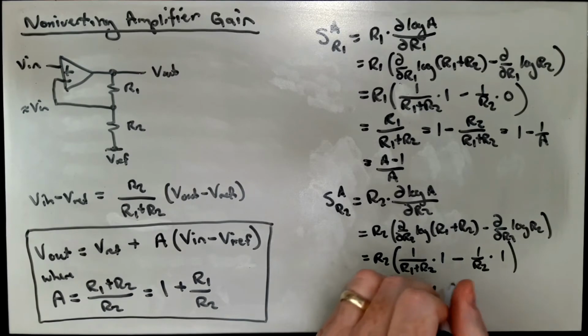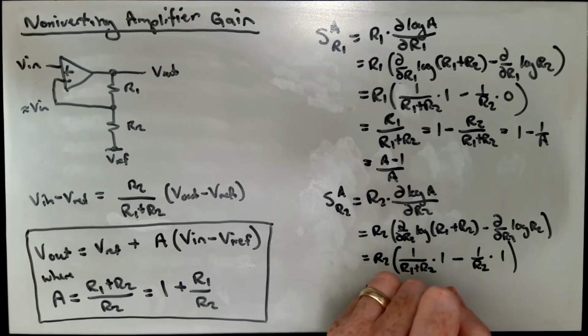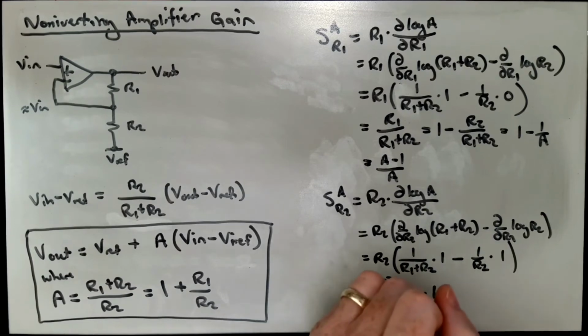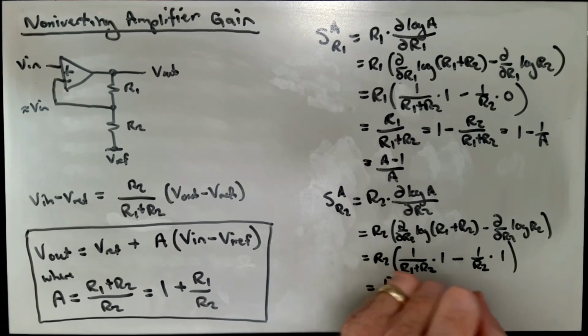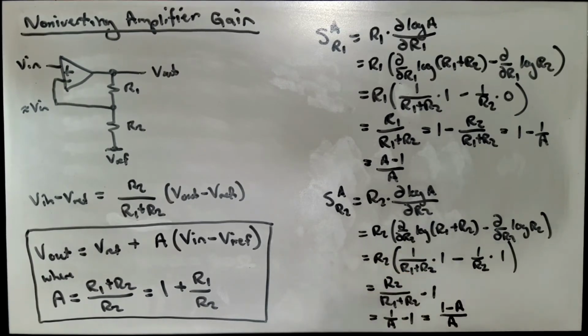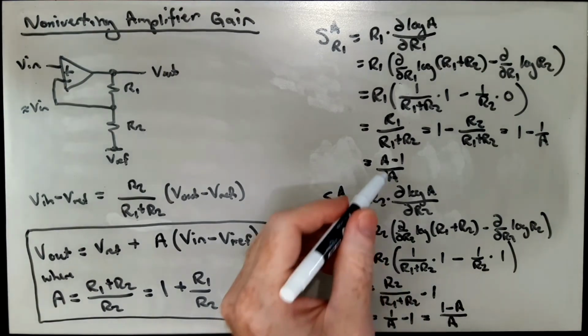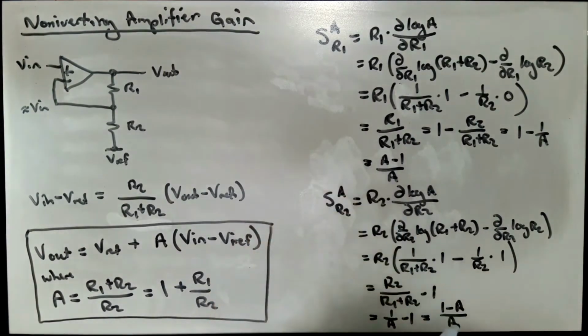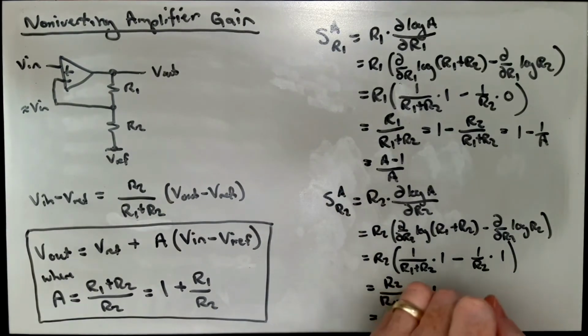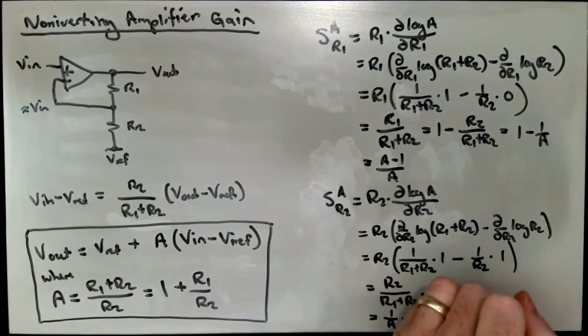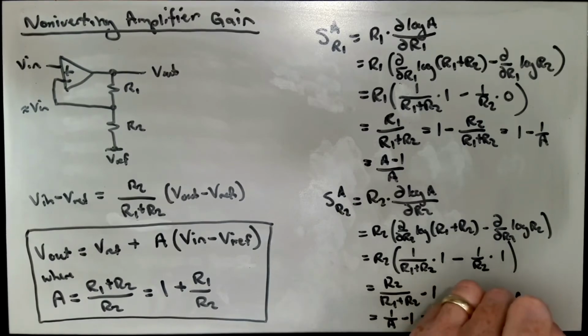Which is equal to 1 minus A over A. And notice that these are just inverses of each other. So this is equal to minus the sensitivity of A with respect to R1.